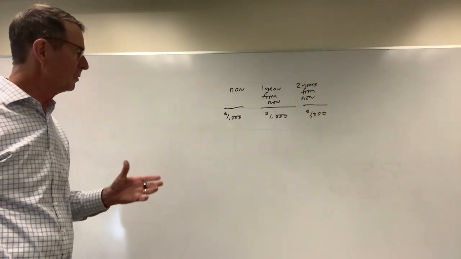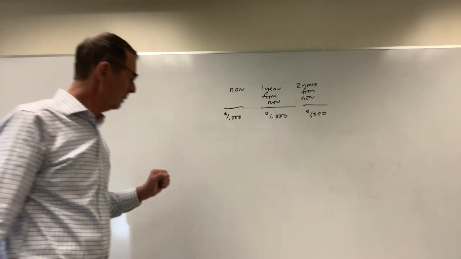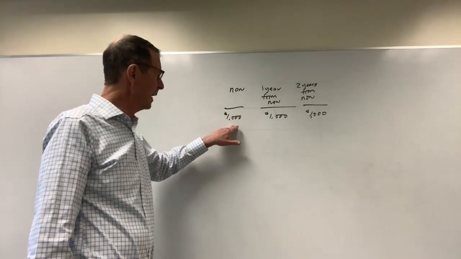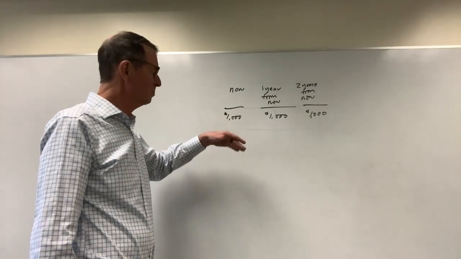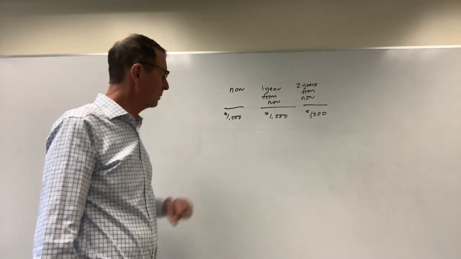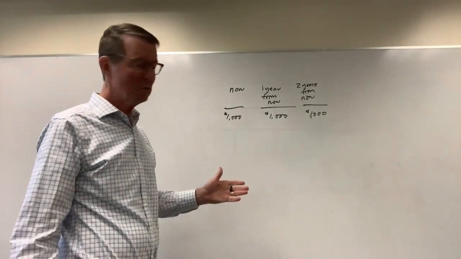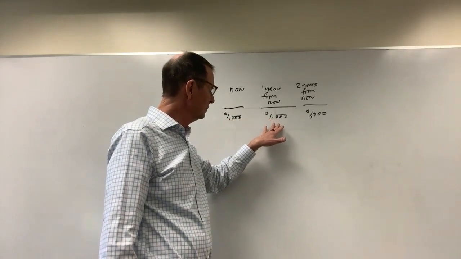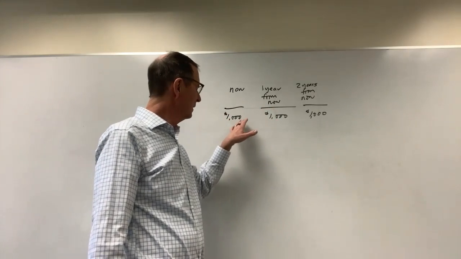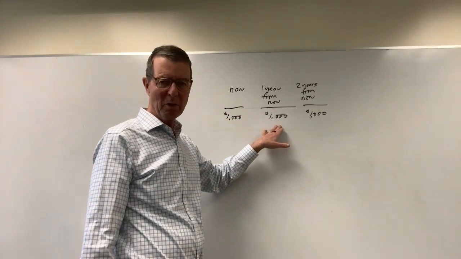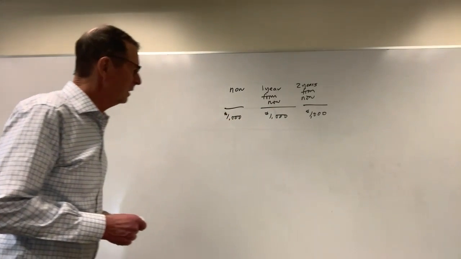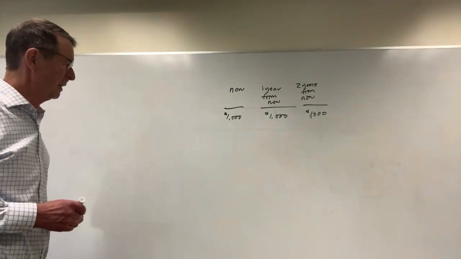And the kind of implicit logic is, well, one way of thinking about it is if I had the money now, I could put it in the savings account or put it in the stock market or buy cryptocurrency. And a year from now, think about a savings account, you'd have more than 1,000. You have more than 1,000 because of the interest that you received on that $1,000.